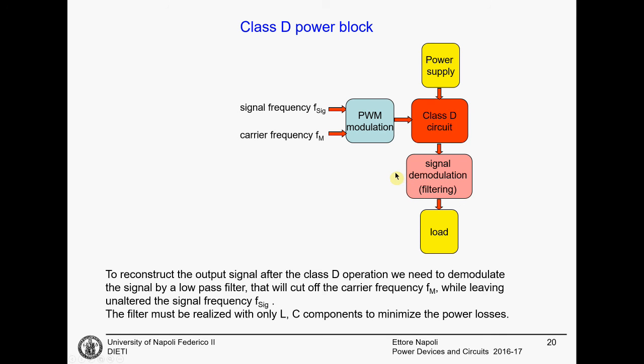However, if you use resistors, these will be dissipating blocks and will reduce the efficiency of the circuit. This means that only L and C components are used in this kind of filtering, because L and C components store energy but do not dissipate it and allow a better efficiency for the overall circuit.